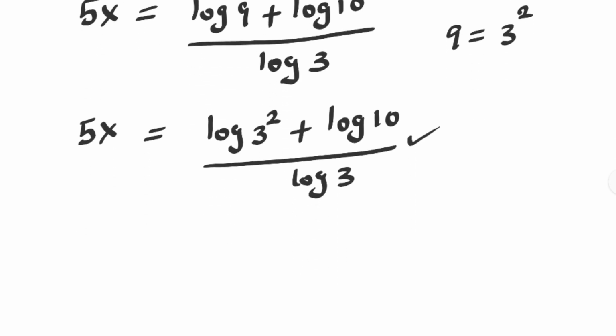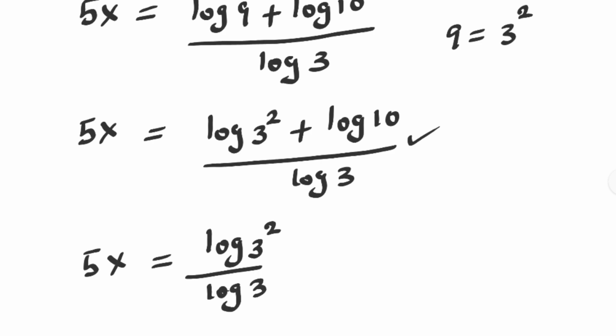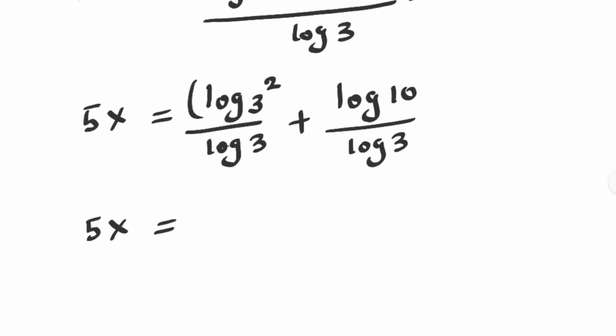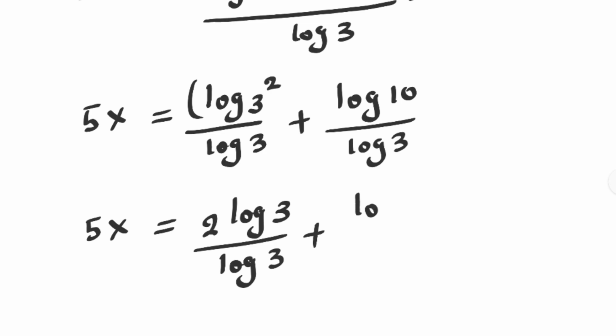Let us split this. 5x is equal to log 3 squared divided by log 3 plus log 10 divided by log 3. 5x is equal to, this can be written as 2 log 3 divided by log 3 plus log 10 divided by log 3.